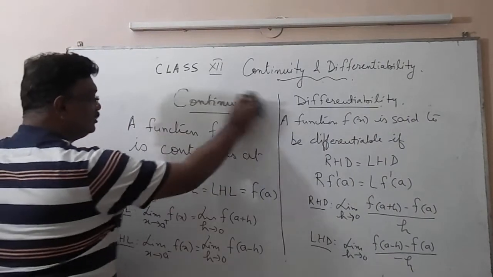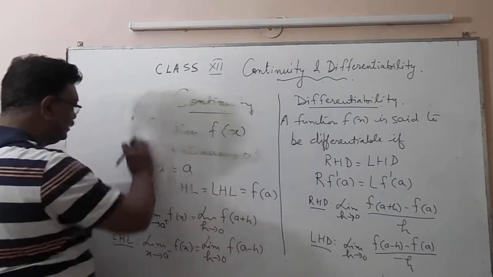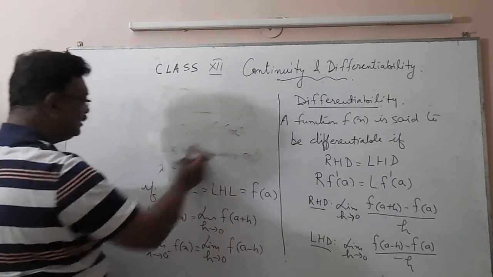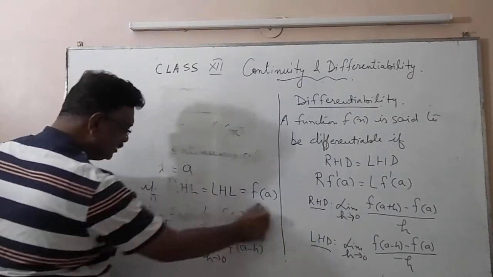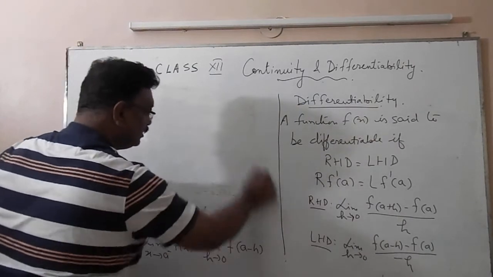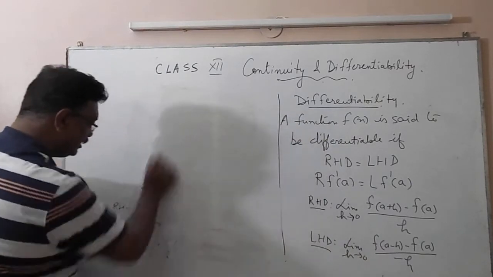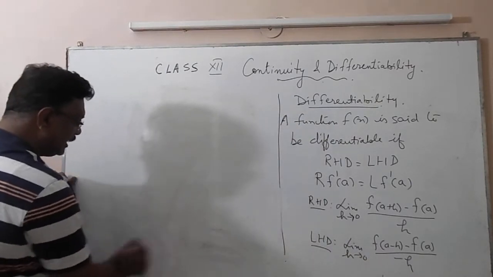So students, now let us see some questions based on continuity and differentiability. Again I will repeat: to find whether the function is continuous or not, we have to find the right hand limit, left hand limit and the value of the function at that point.